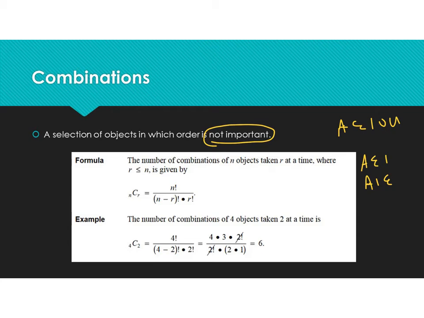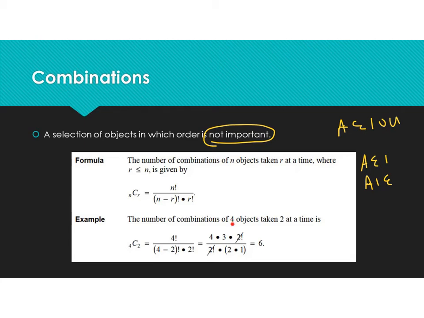So if we look, I'm going to take n objects, and I want the combination of taking r of them at a time. And r can be equal to n, that's fine. You're going to do n factorial over n minus r factorial times r factorial. So this part over here is the permutation one. We just have this extra times r factorial on the bottom for a combination.